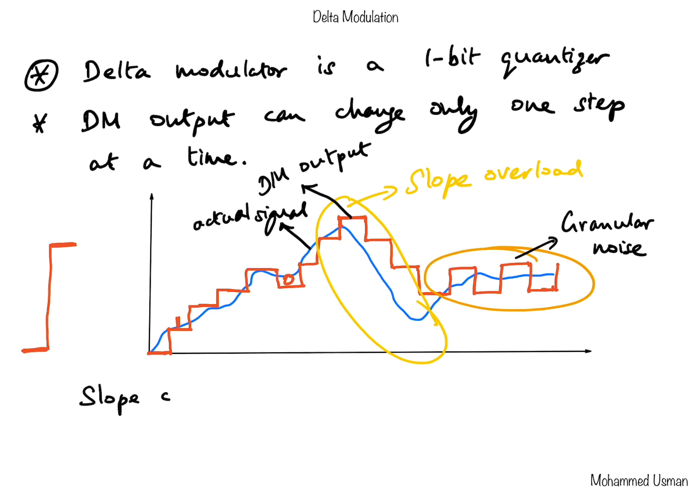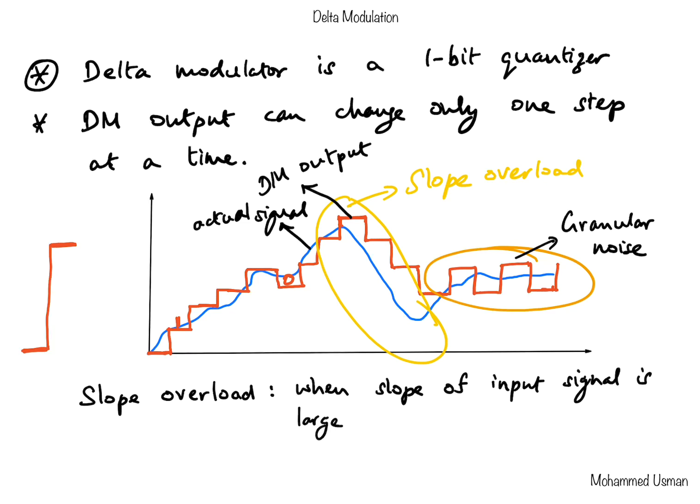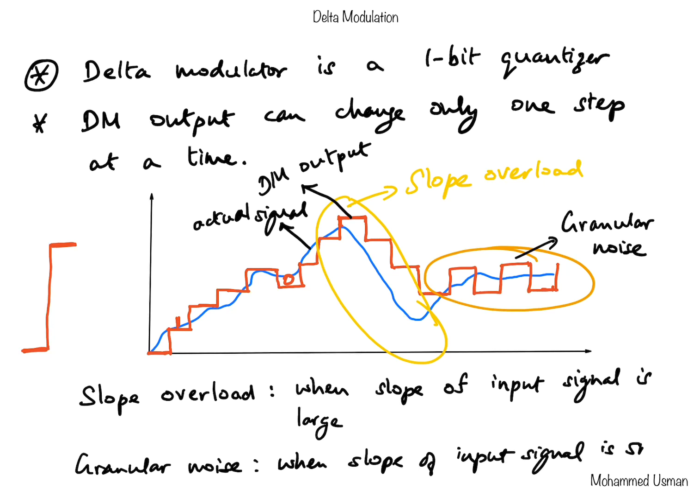One is slope overload, and that happens when the slope of the input signal is large, and granular noise, which is the output of the delta modulator oscillating between two levels, occurs when the slope of the input signal is small.